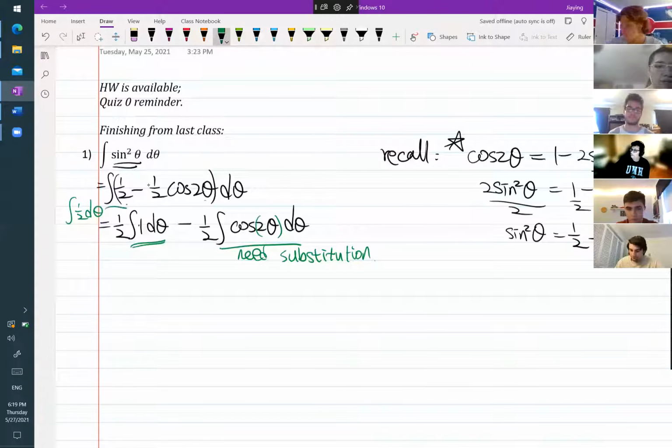So that's how I get the first term. I just bring the half in front of the integral. And this second term comes from integrating 1/2 cosine 2 theta. That's what this term is.